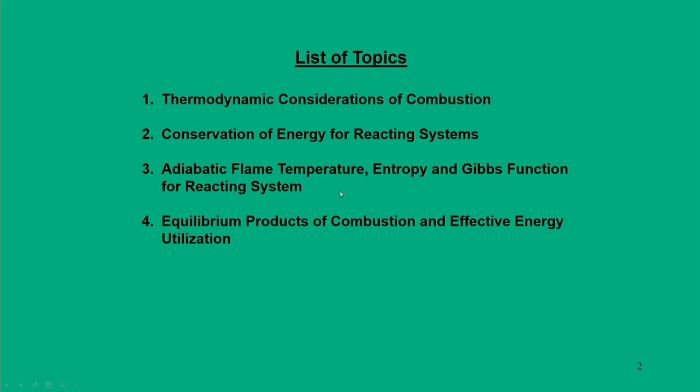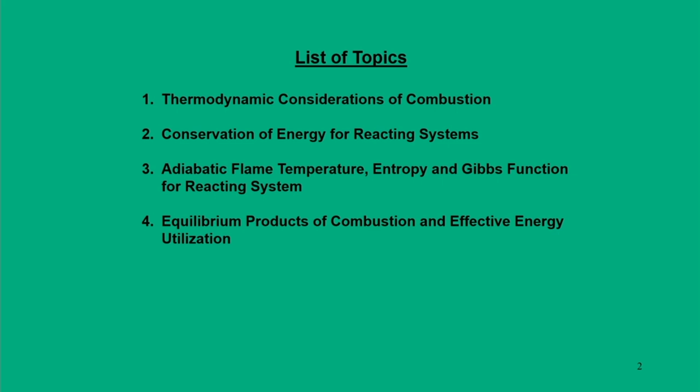Then we will introduce some important parameters which are very familiar in combustion studies. First, adiabatic flame temperatures, then entropy. Of course, we have used entropy in our thermodynamics course, but here we will see how entropy is an important phenomenon that decides the direction of chemical reactions.